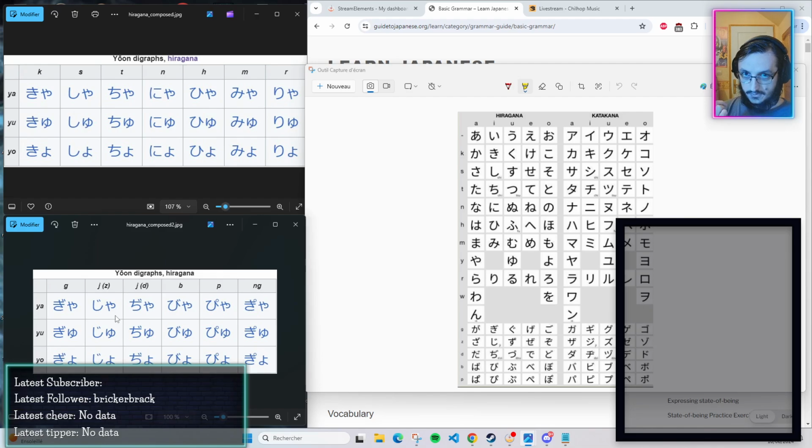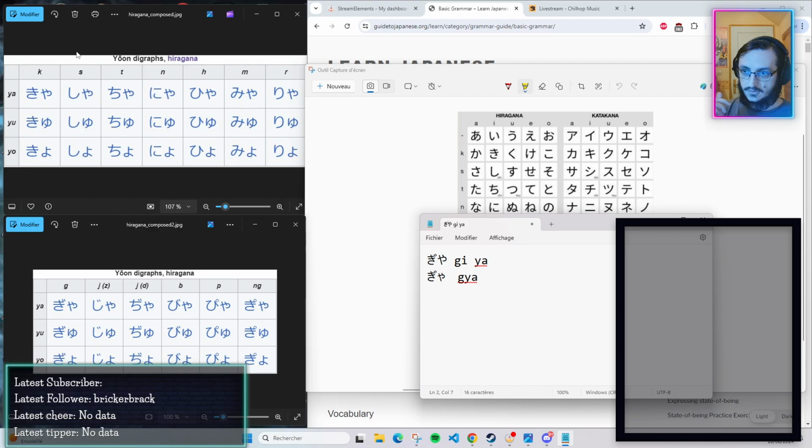You remove the I, as we did for the S line and the T line. Ji, ya, merged, will be ja. In the Romanized way, ji, ya becomes ja. You remove the I and the Y. So we have ja, ju, jo.